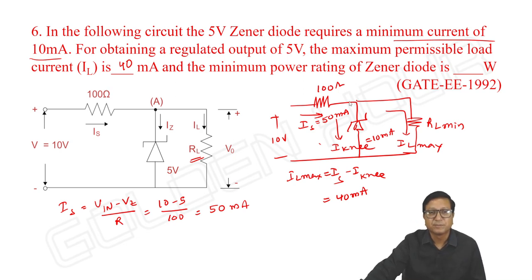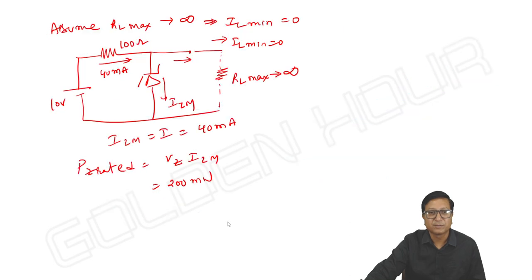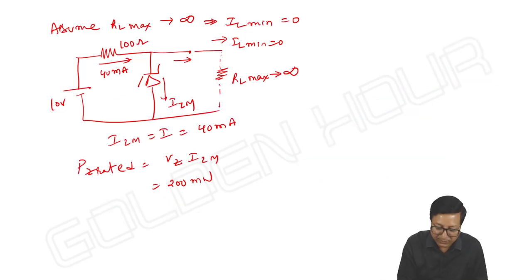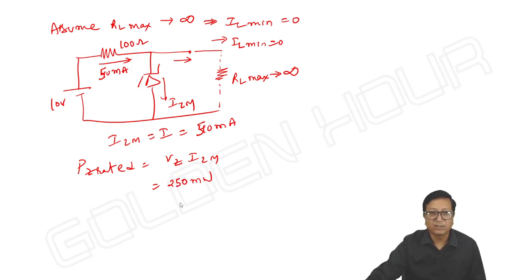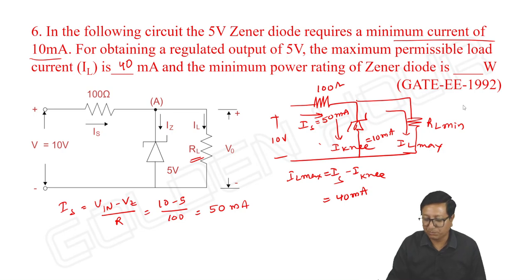Okay, so IS is 50, sorry. IS is not 40, it is 50, and hence it should be 250. If they ask in watts, it means 0.25 watts.